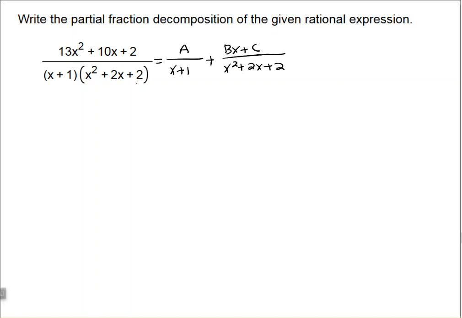All right, and then once you get it set up, go through the same process. Multiply by the least common denominator. Okay, so on the left-hand side, we have 13x squared plus 10x plus 2.